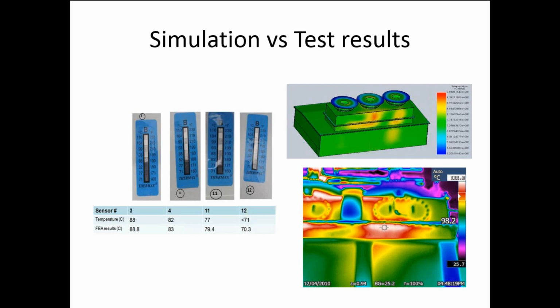You can see here various sensors that were correlated along with the simulation results, and the error was found to be less than 2 or 3% between what they observed during their testing phase and the simulation results they obtained from the EMS product.